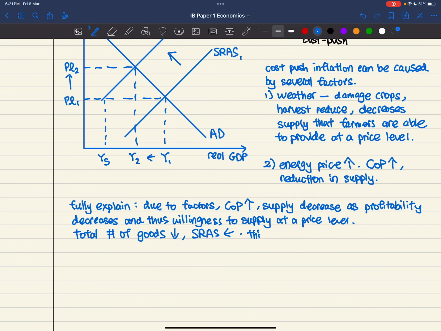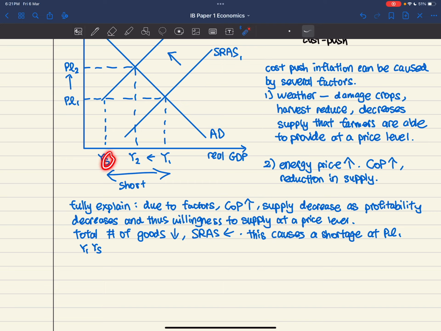This causes a shortage at PL1. And that's why I drew YS. So the PL1 shortage is Y1 to YS. That's the shortage, right? That's why it's YS. S stands for short, which causes, what does it do?